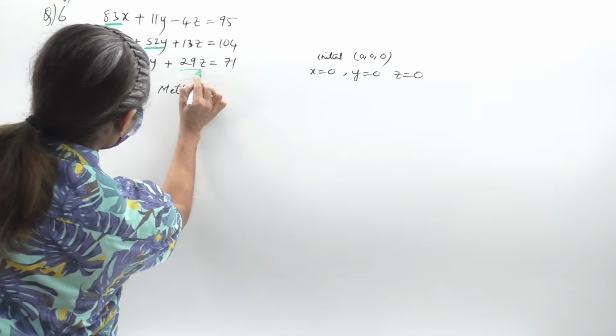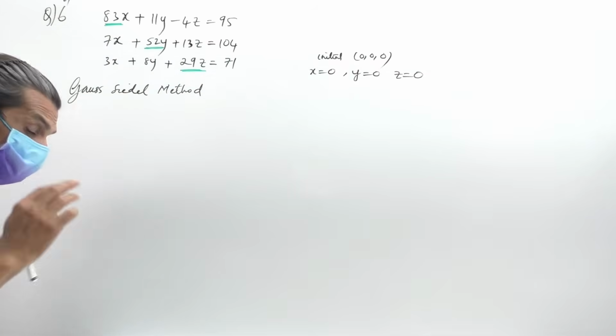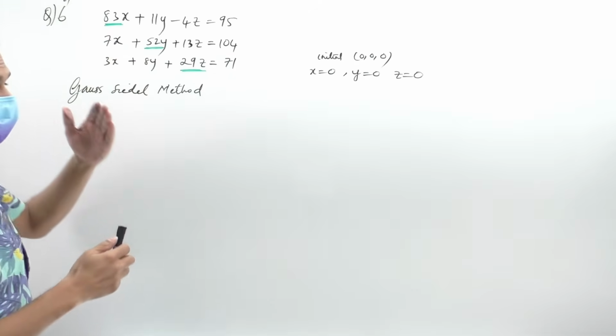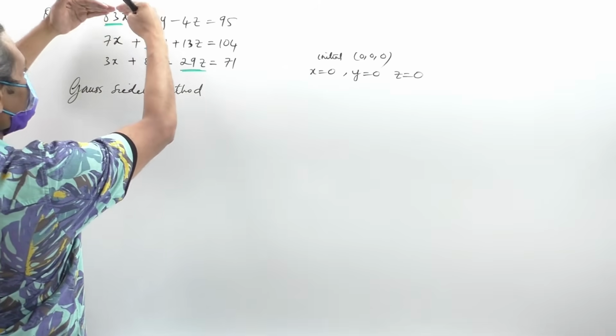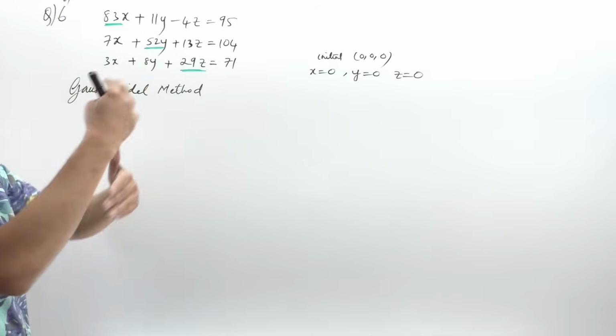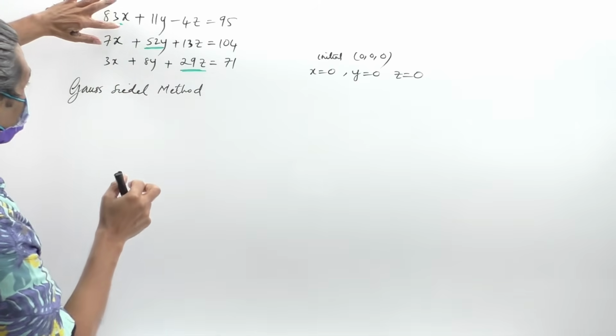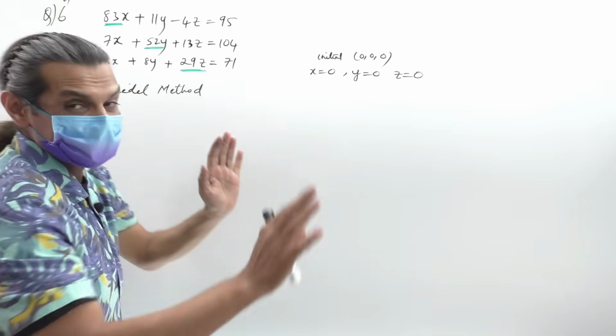And lastly, 29 is greater than 8 plus 3, 11. Okay, so this is the condition required. If the condition is not satisfied, then simply change the rows. Shift the first row to second and second to first, so that this condition is satisfied. All elements along the principal diagonal should be greater than the other elements.